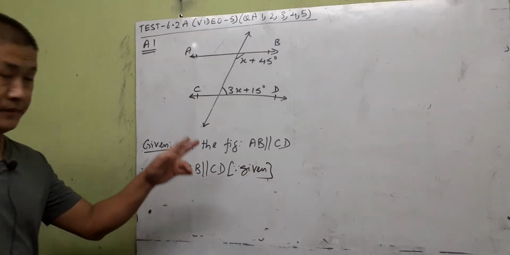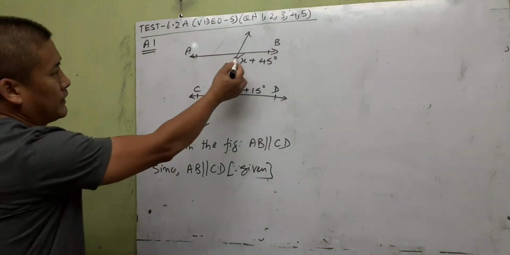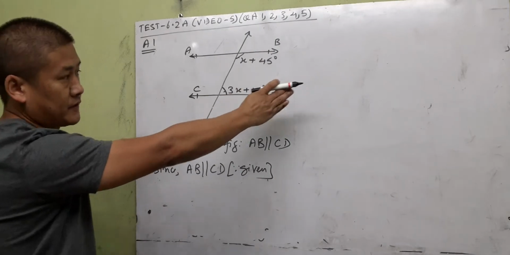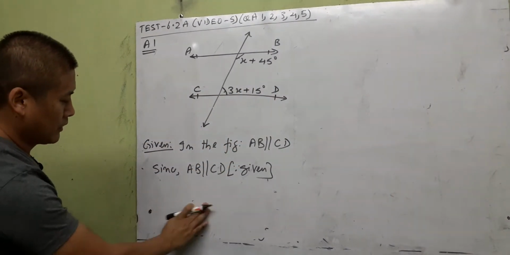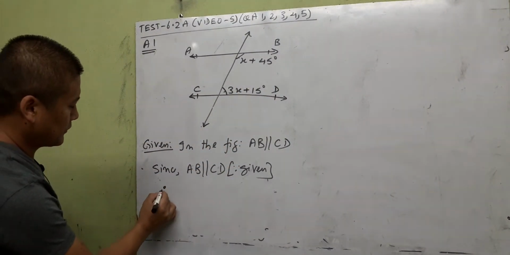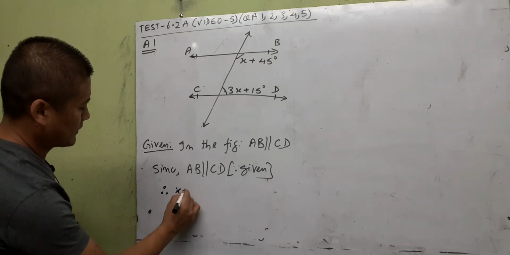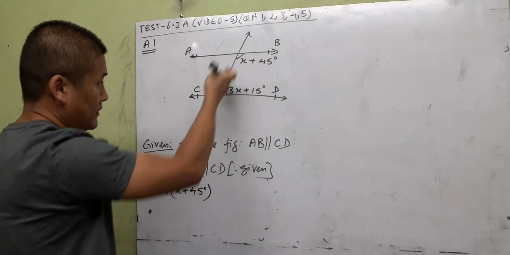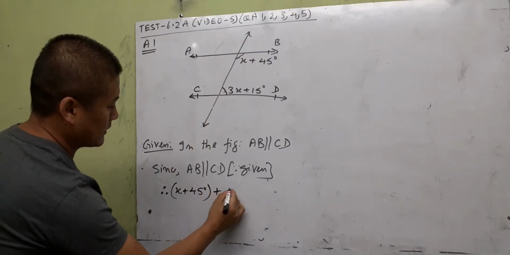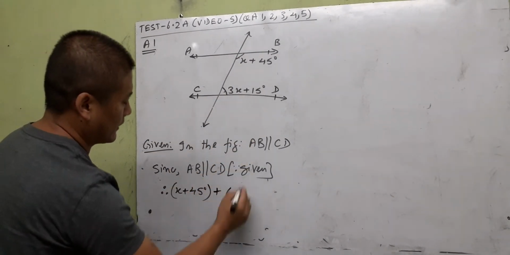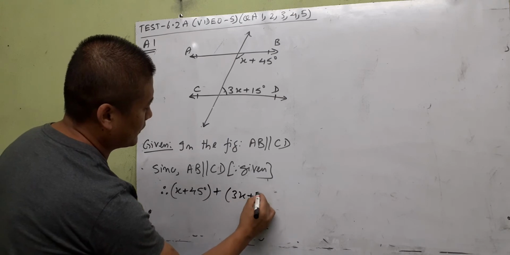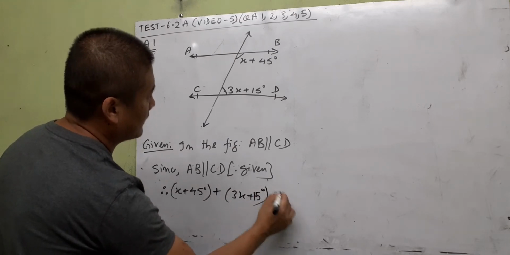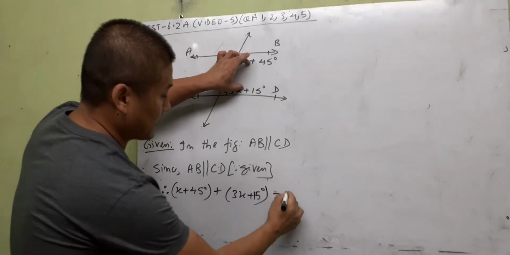we have learned in the previous class that two interior angles on the same side of the transversal are called co-interior angles. So we can write here those two angles, x plus 45 degree, the first interior angle on the right side of this transversal, plus the second angle 3x plus 15 degree. These two are co-interior angles, and the sum is 180 degree.